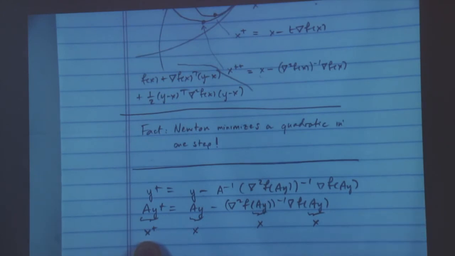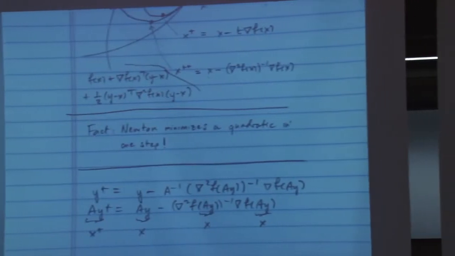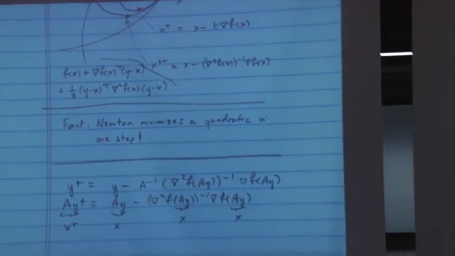So if I were to run Newton on x or on y, the relationship between the two being that y is equal to A inverse x or x is equal to Ay, then it doesn't matter. I would have gotten the same updates, and I would actually have the exact same sequence of iterates if I ran Newton's method.